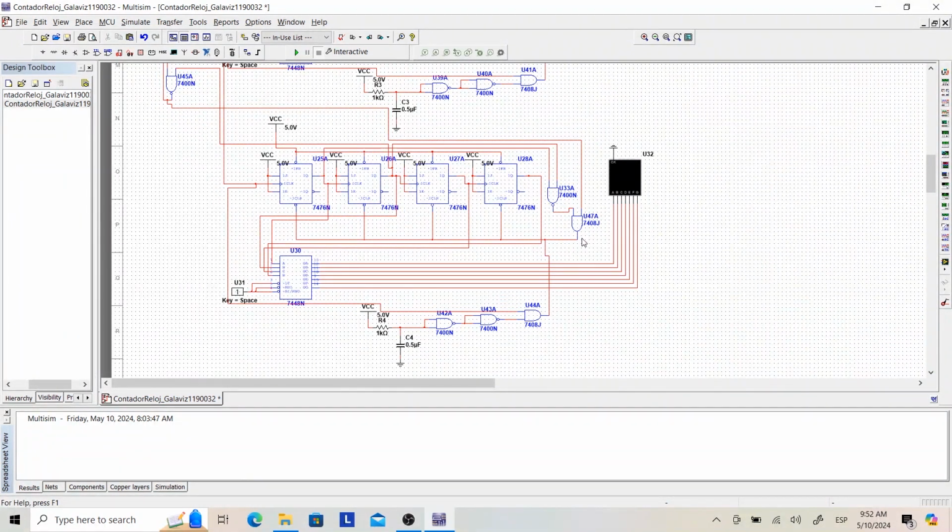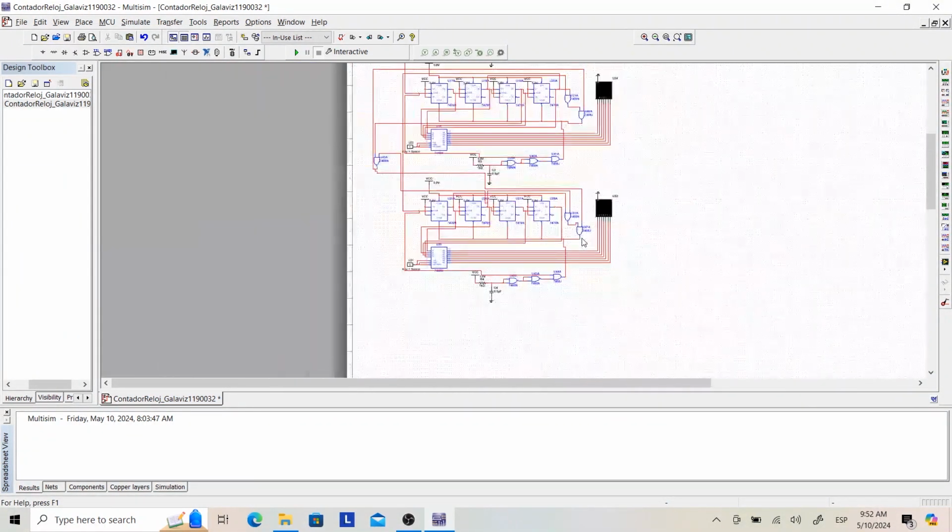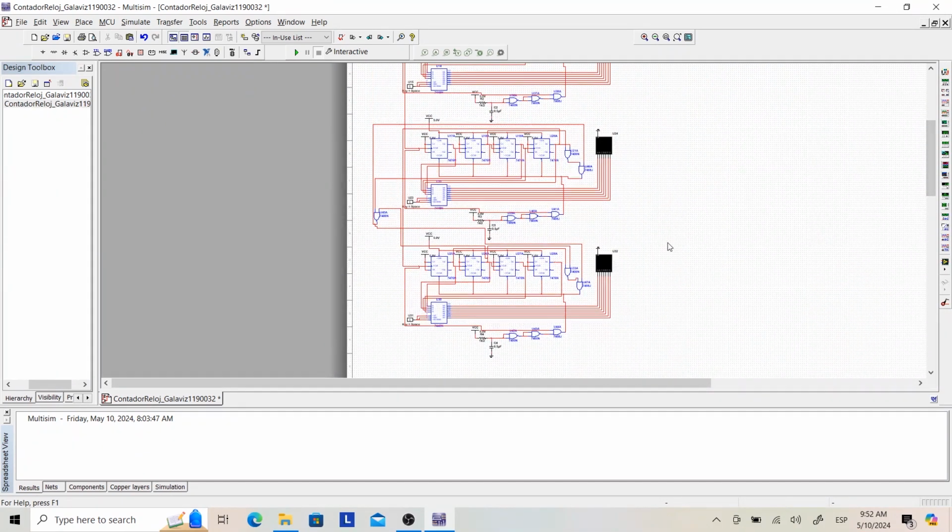Now, for the mod 24 that needs to be done, because once the 24th hour is reached, it needs to reset again and start at 0. So what I did is locate the 4 and the 2 that make the 24 hour in these counters.